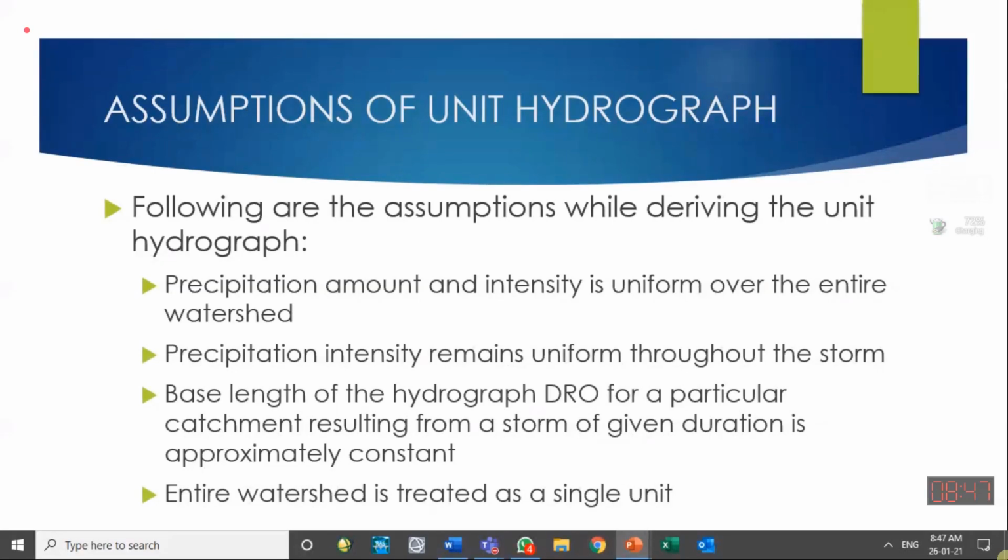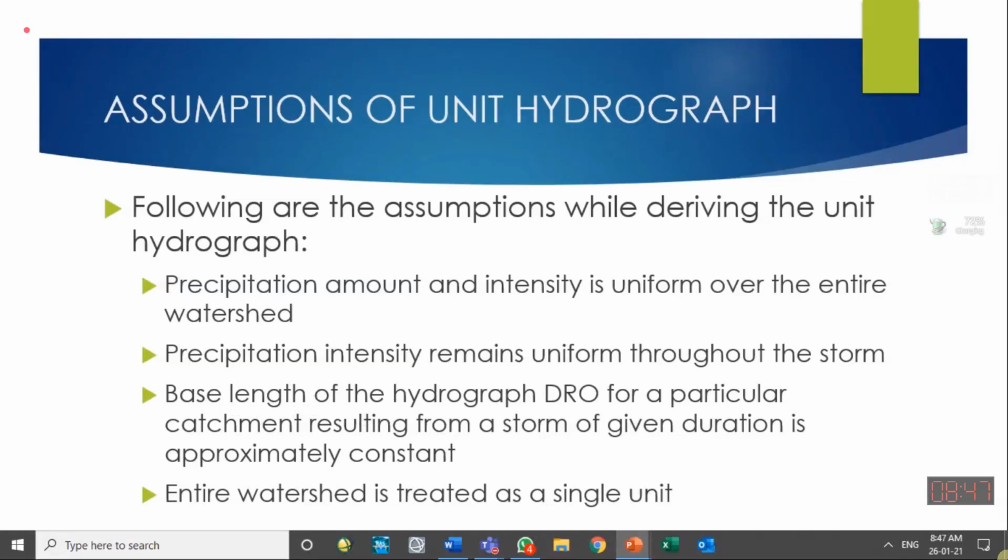Actually, they are not. When we draw their DRO, they deviate a little bit depending upon moisture condition and other things. So we average those out and say that the time base is the same. So we assume that the base length of the direct runoff hydrograph is constant for a certain storm duration.